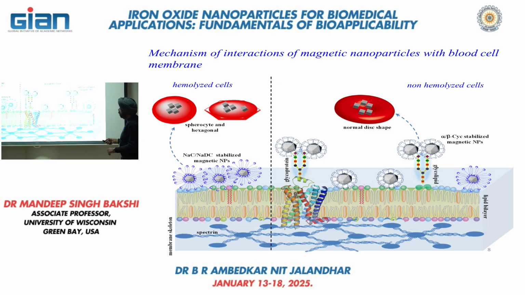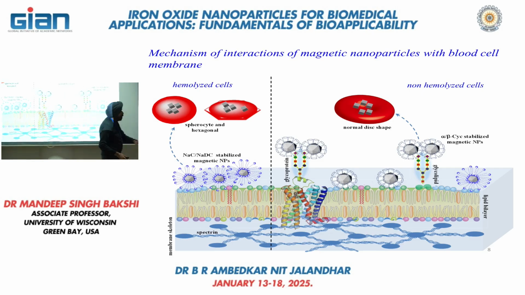Now, microscopically, what happens? See over here, when I take the amino acid stabilized magnetic nanoparticle, they are stabilized like this. I'm using the same kind of picture over here: the bilayer or the coating of the amino acid. When they come in close contact with the cell membrane, these are the head groups of the phospholipid molecules.